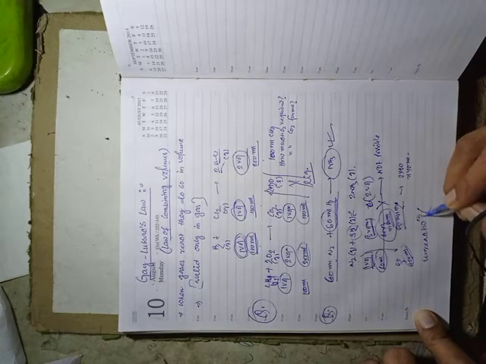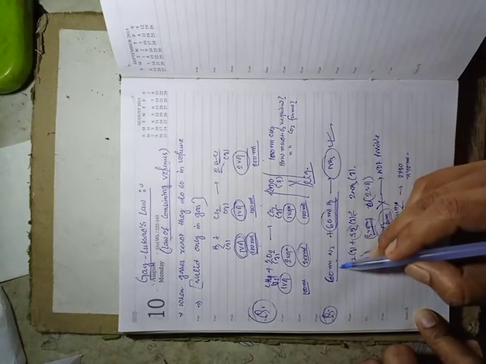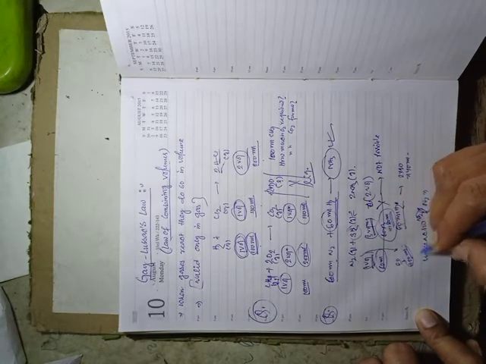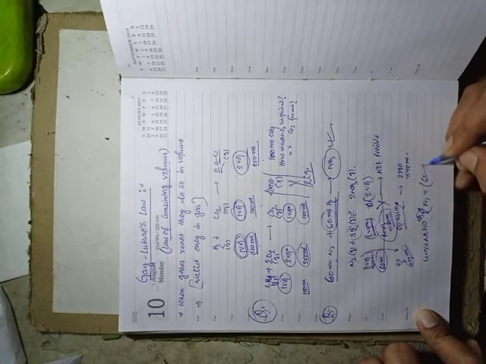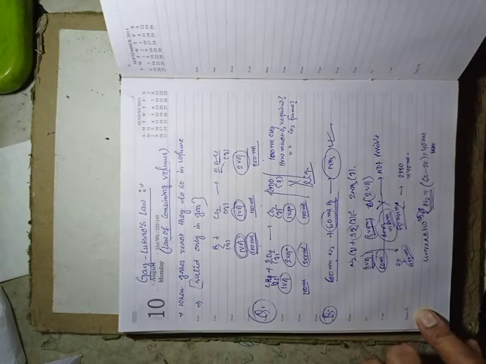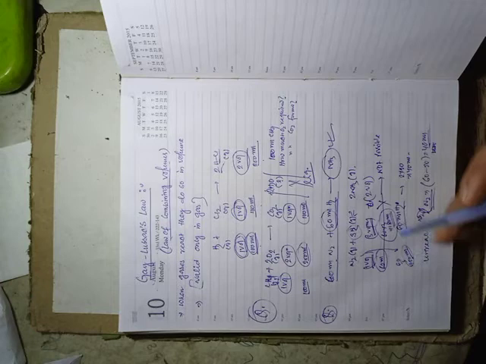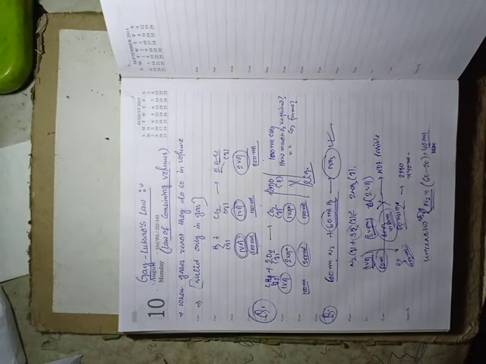Unreacted nitrogen will be there, because 60 ml nitrogen has been given, but for the reaction we need 20 ml. That means 60 minus 20, 40 ml unreacted nitrogen will be there. In the reacting chamber, unused 40 ml nitrogen gas will be available. So only 20 ml nitrogen will react with the whole 60 ml hydrogen to form 40 ml ammonia gas.